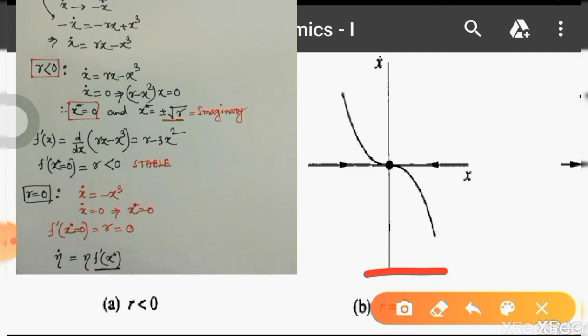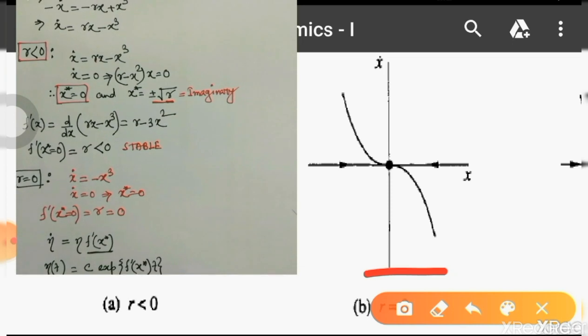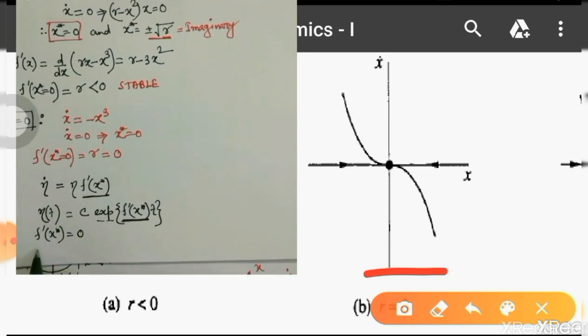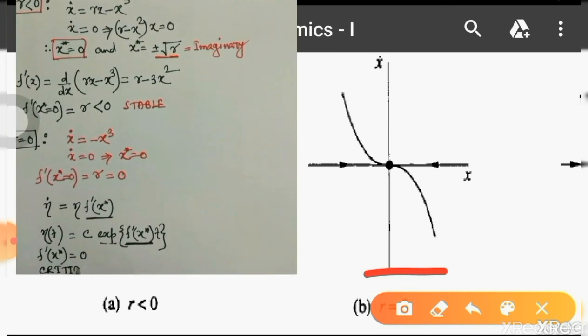That is why when f prime x star equals 0, this will be called a critical slowing down.